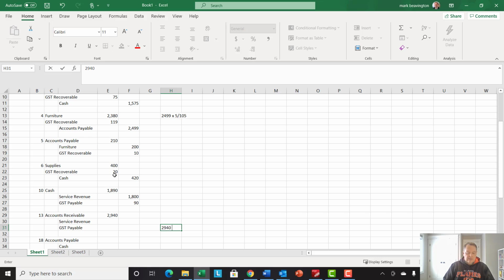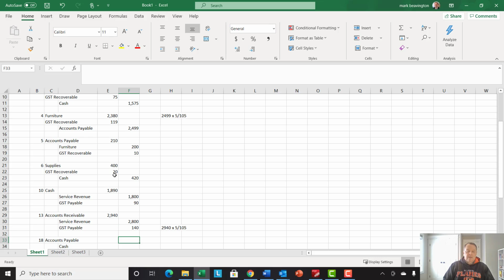It's $29.40 times 5 divided by 105. You do the math on this thing, and you're going to find that it's $140 in GST. And the difference then must be service revenue of $2,800. And if you take 2,800 times 5%, you're going to get $140.